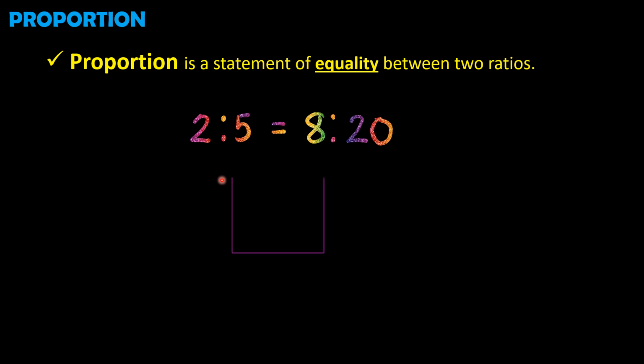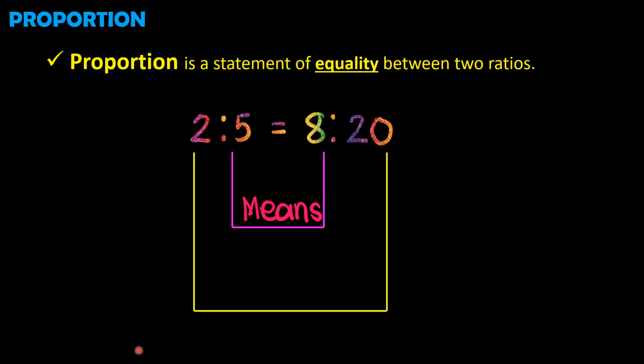So the innermost numbers, 5 and 8, are considered the means, and the outermost numbers are the extremes. So to simply identify if the given ratios is a proportion, we just multiply the means and the extremes.